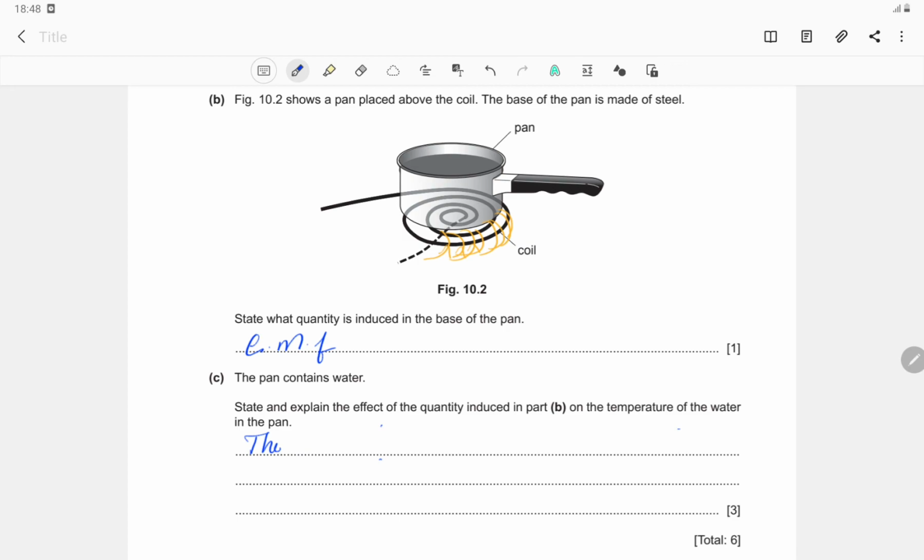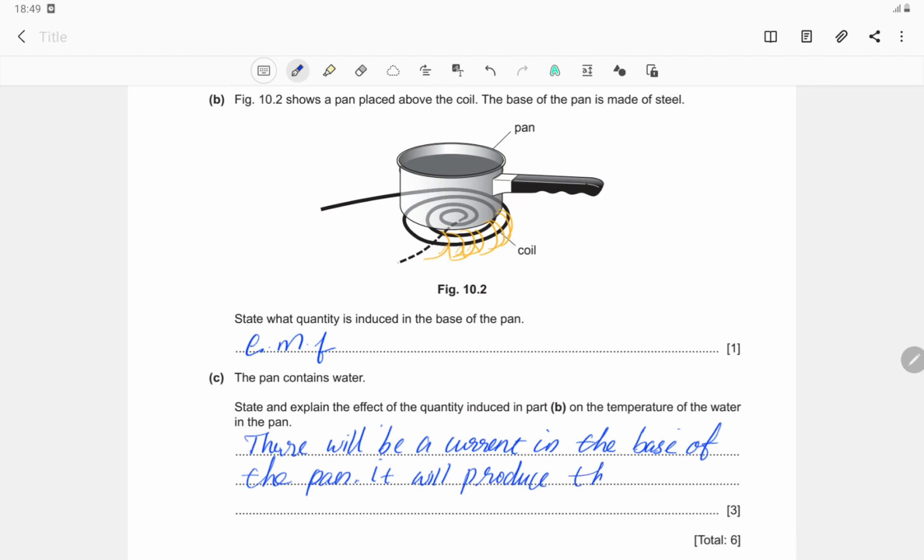The remaining part you need to write is that there will be a current in the base of the pan, because the base of the pan is only contacting with the coil, and this current will produce thermal energy in the pan, so that the water temperature increases. Hence the water temperature also increases.